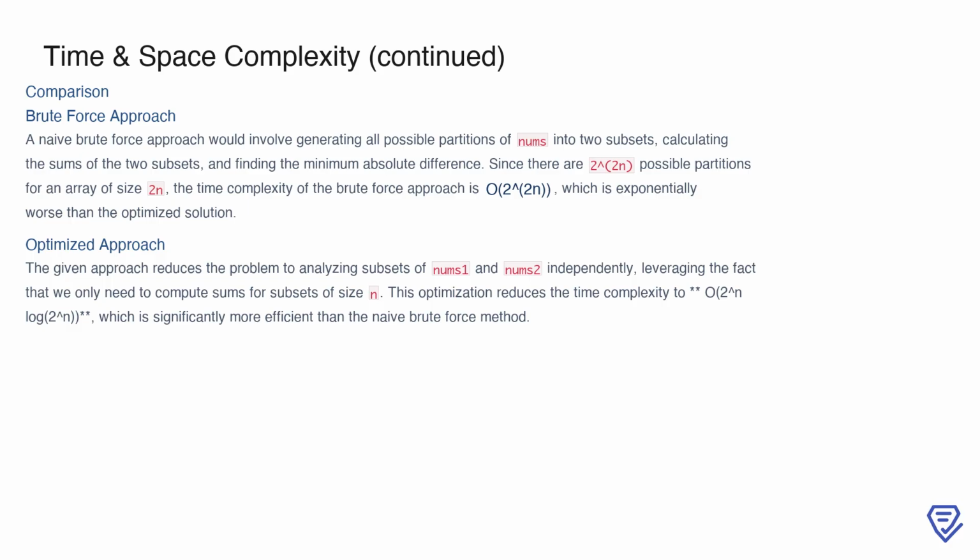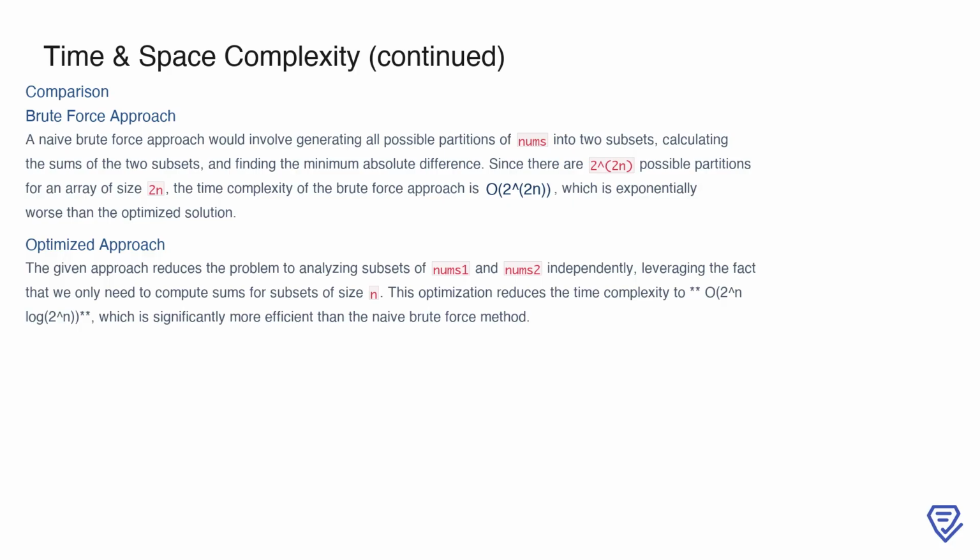To appreciate the efficiency of the optimized approach, let's compare it to a brute force method. The naive brute force approach involves generating all possible partitions of the array nums into 2 subsets, calculating their sums, and finding the minimum absolute difference. However, since there are 2^(2n) possible partitions for an array of size 2n, the time complexity of this brute force approach is 2^(2n), which is computationally prohibitive for even moderately sized inputs.